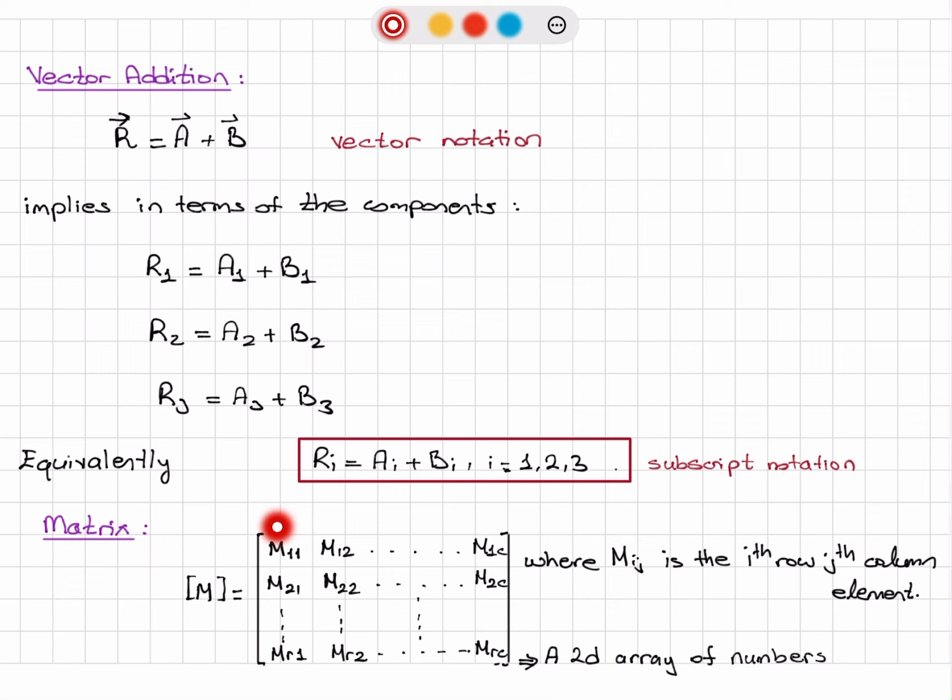So these elements form this two-dimensional array starting from M11, M12, M1C for the C-th column. And then we have r-th row first column M R1, r-th row second column M R2, r-th row C-th column M RC. So this is our matrix representation.